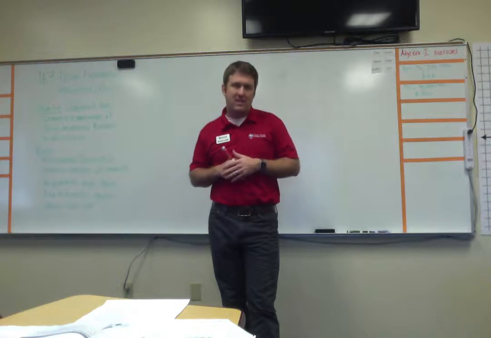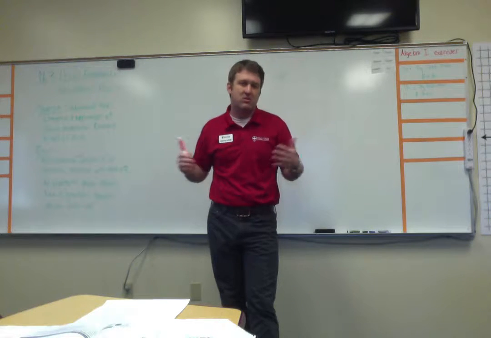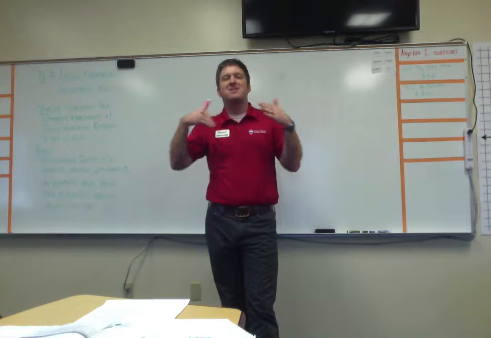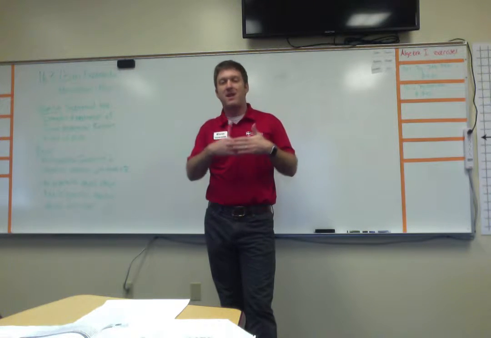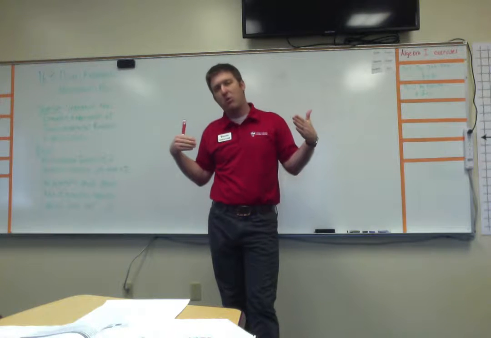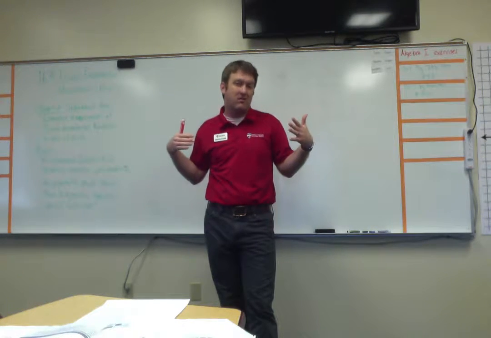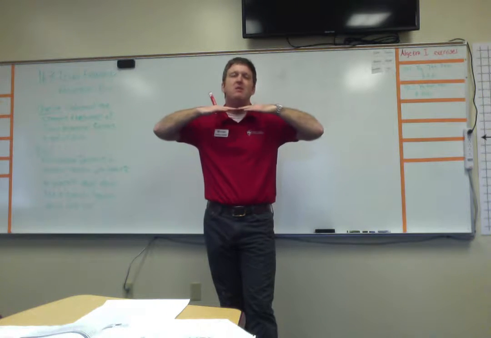Well, it's not going to be a perfect factor of 2 every 6 months. Maybe in the first 6 months, the population of bunnies doubles. But in the next 6 months, it goes up by a factor of 1.89. And then the next 6 months, it goes up by a factor of 2.15. And the next 6 months, it goes up by a factor of 1.7. And so it's above or below, but it hangs around 2 in the real world.